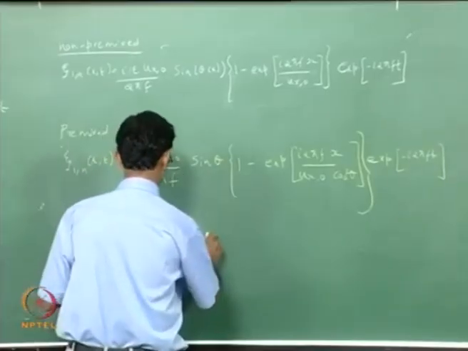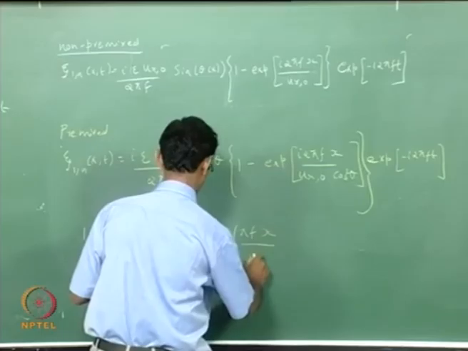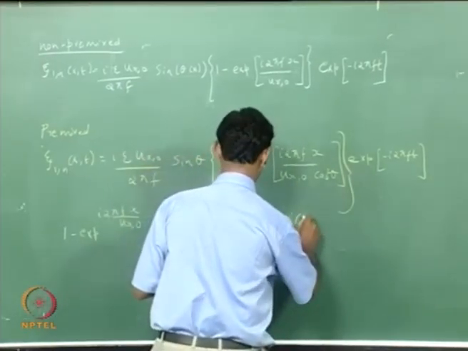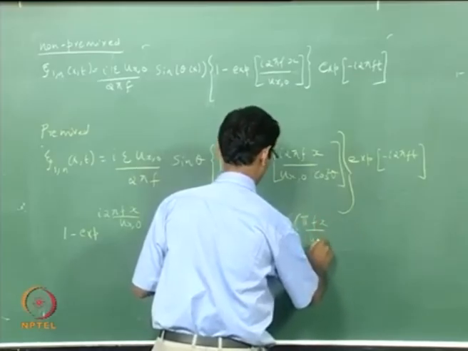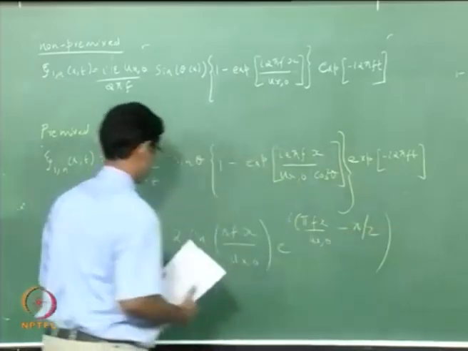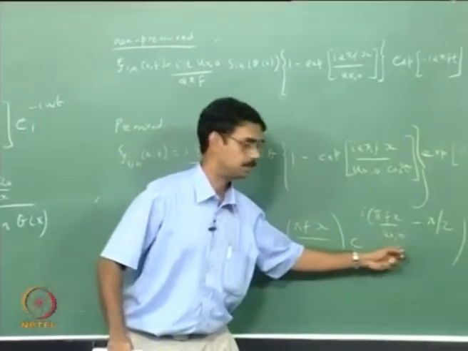This would be nothing but 2 sin(pi f x over u x0) times e to the power I times (pi f x over u x0 minus pi by 2). So this is the sinusoidal pattern and that is propagating, and here you see the speed.